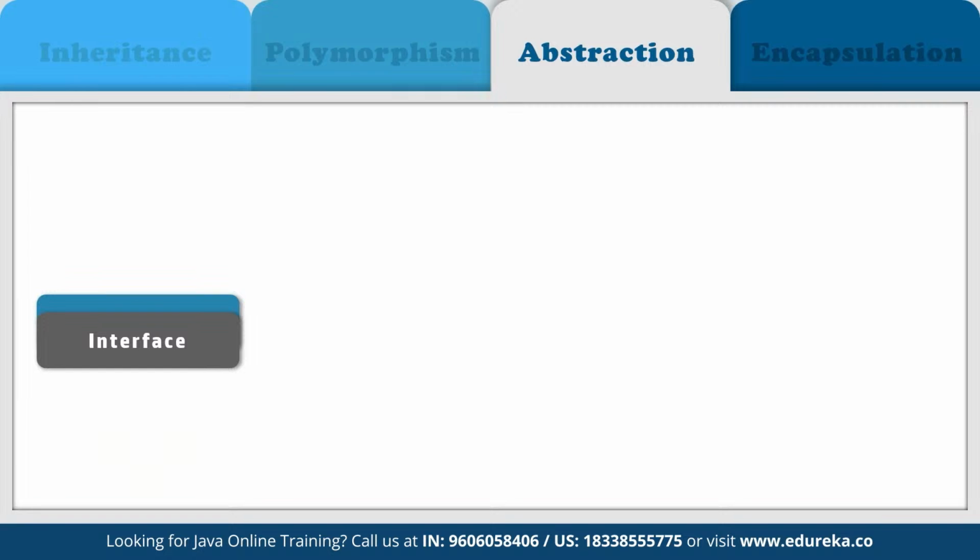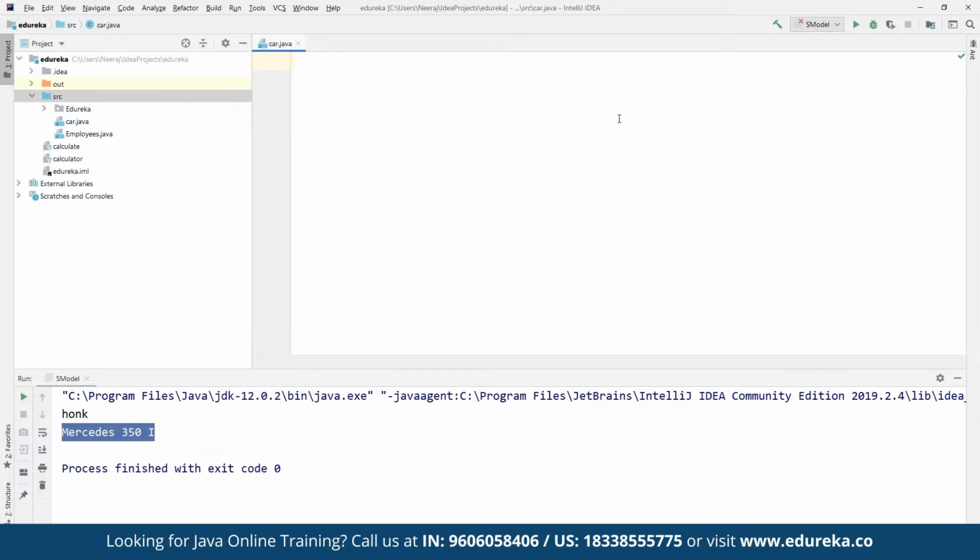If we talk about the syntax for abstraction, then it is simple. If we go back, we can see here, for example, we can define an abstract class as mobile. Again, it can be any abstract class for mobile that we can define.